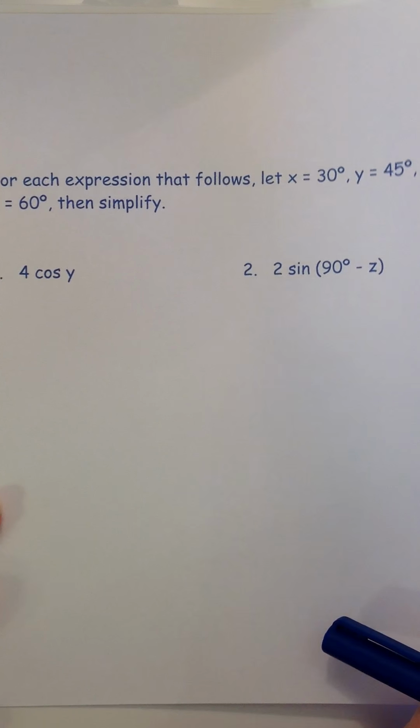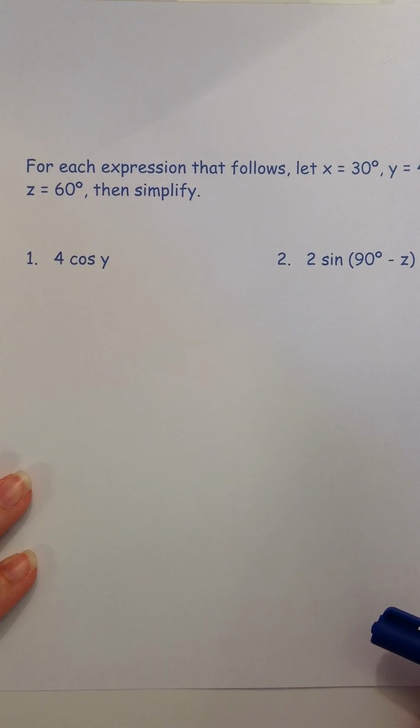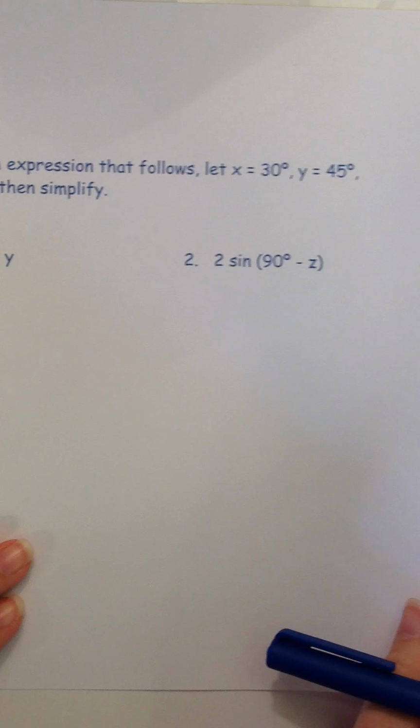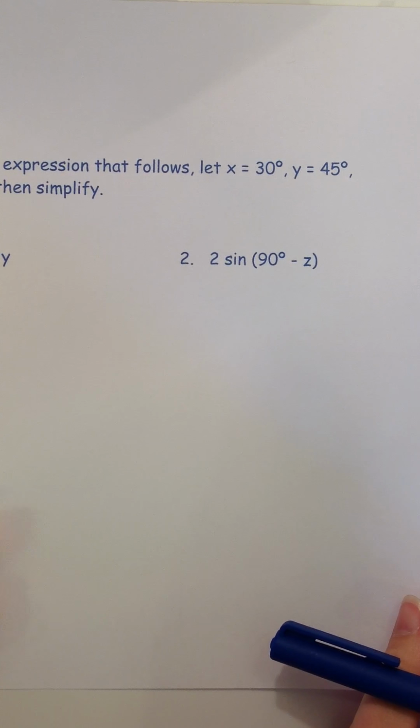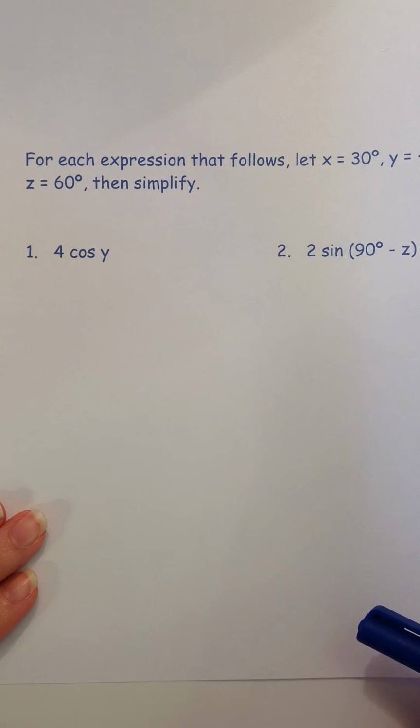Okay, the next set of examples is very similar to what we were just doing, just a little bit of difference here. So again, let's read through the instructions. For each expression that follows, let x equal 30 degrees, y equal 45 degrees, z equal 60 degrees, and then simplify.